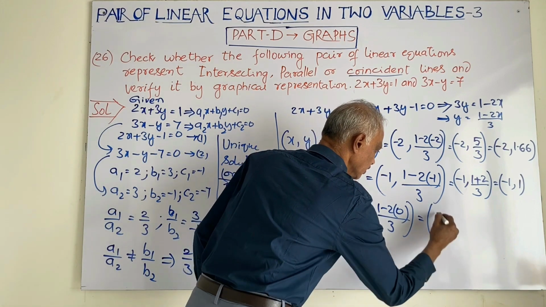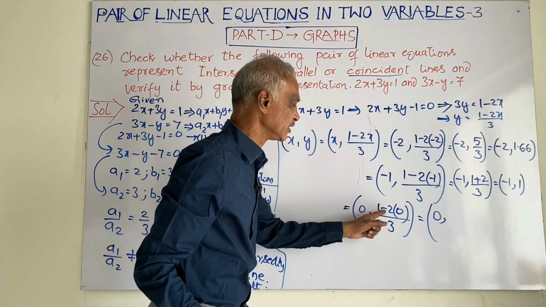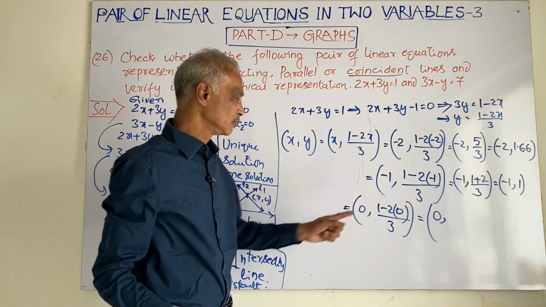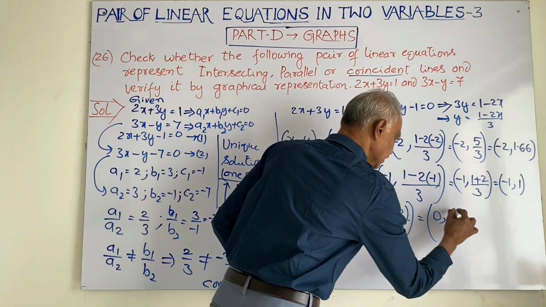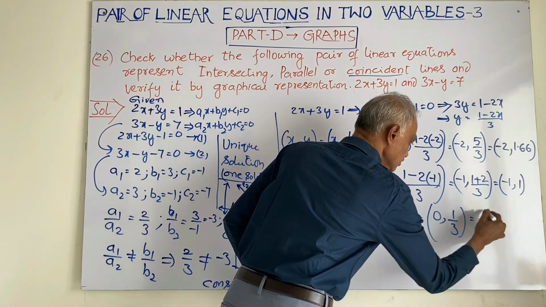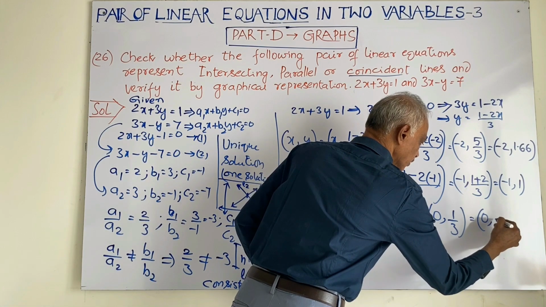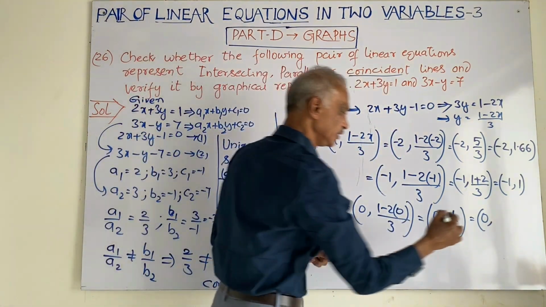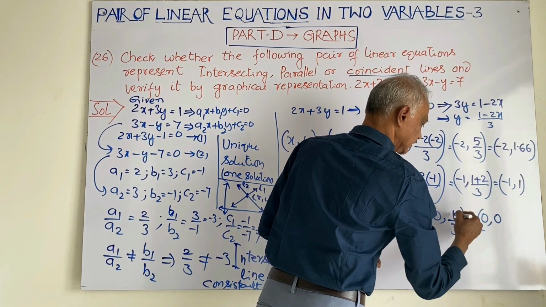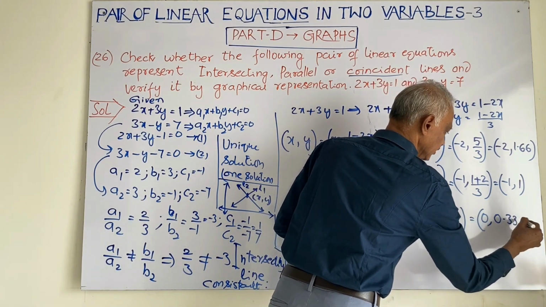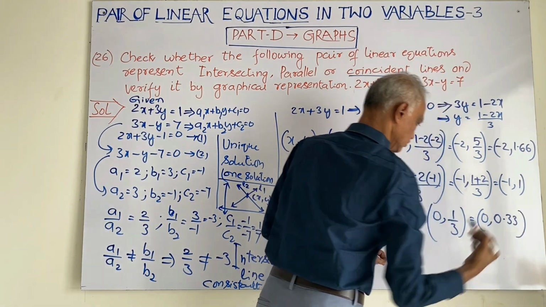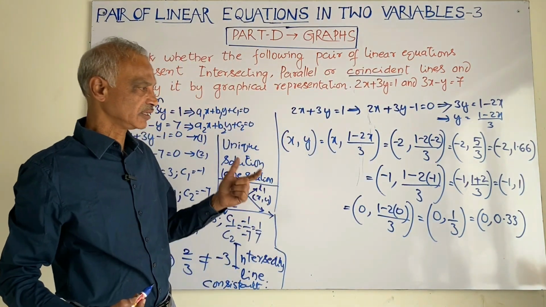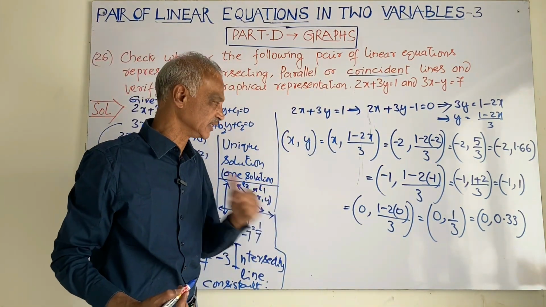If you take 0, 1 minus 2 into 0 is 0, so 1 minus 0 means you will get 1 by 3. Means 0, comma, 1 by 3, that is 0.33 you will get. X coordinate is 0 and y coordinate is 0.33.